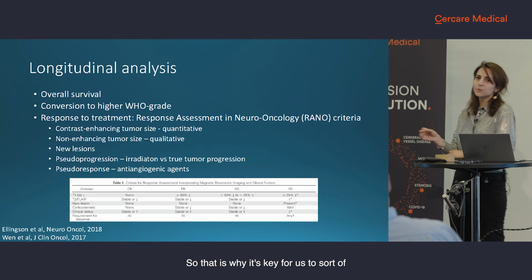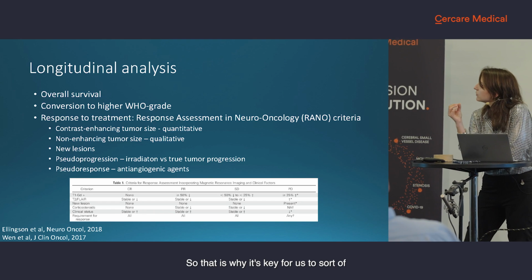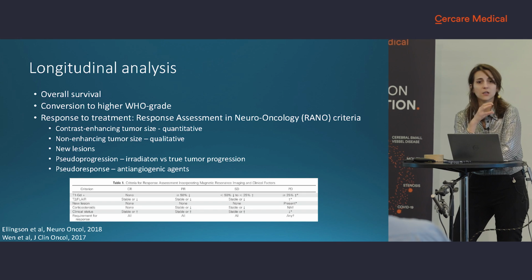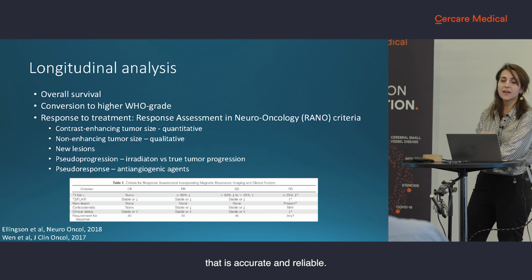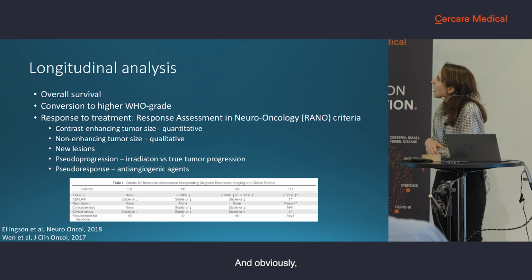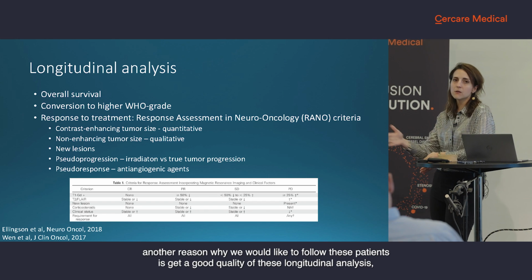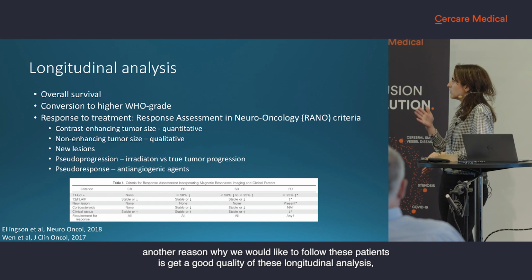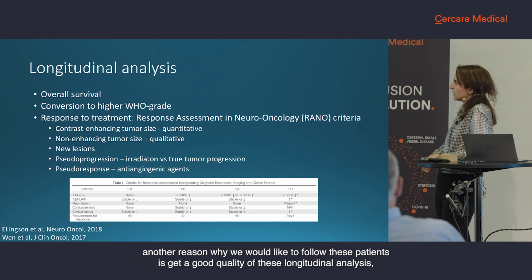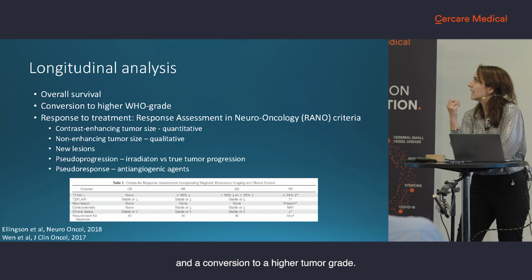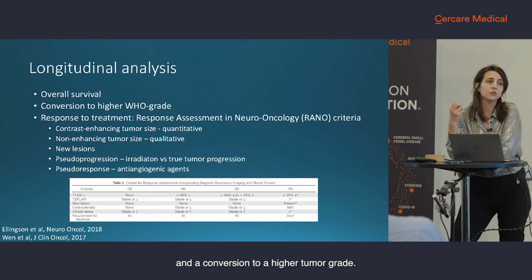So it is key for us to get a longitudinal picture that is accurate and reliable. Another reason to follow these patients is that we would like to catch a conversion to a higher tumor grade.